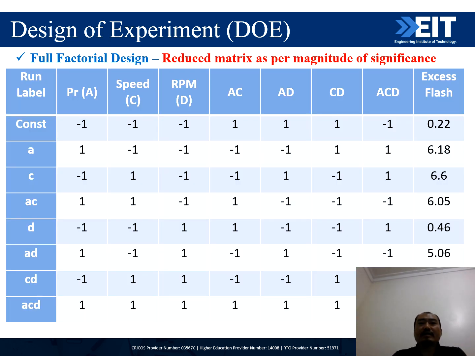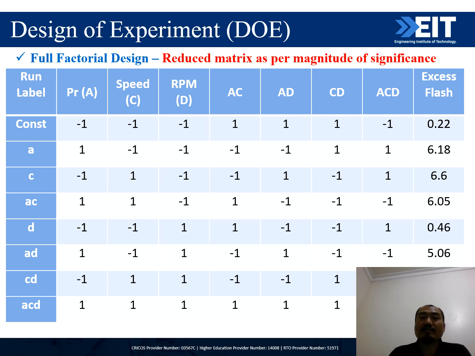The full factorial design can also be reduced, since the ones which are not making an impact can be ignored. From the experiment, we have understood that the higher order combinations or interactions will have lesser impact, and the main factors will have higher impact.